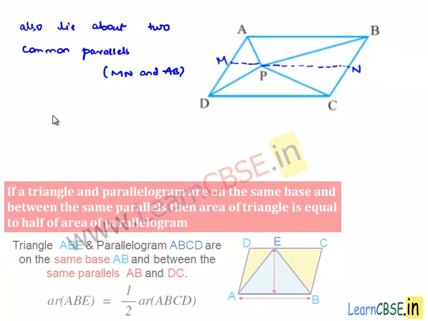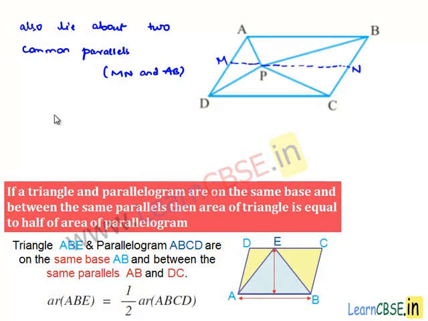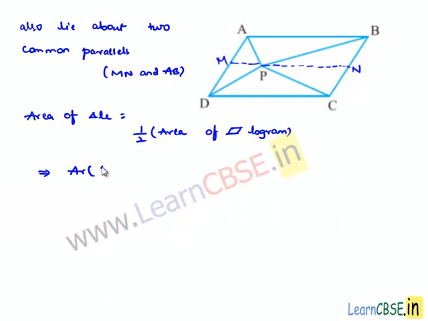We know that when a triangle and a parallelogram lie between the common parallels and have a common base, area of triangle will be equal to half times area of parallelogram. That is, here area of triangle APB is equal to half times area of parallelogram ABNM. Let it be equation number 1.